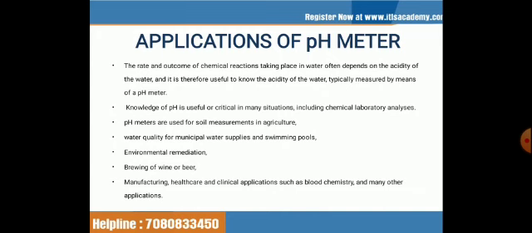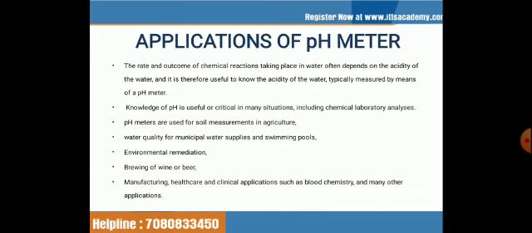If we take the water of a location in Gujarat, the pH is basic in nature, maybe approximately 8 to 9, whereas in different areas the pH would differ. That is why we require a pH meter for every industry, for any supply or use of water.